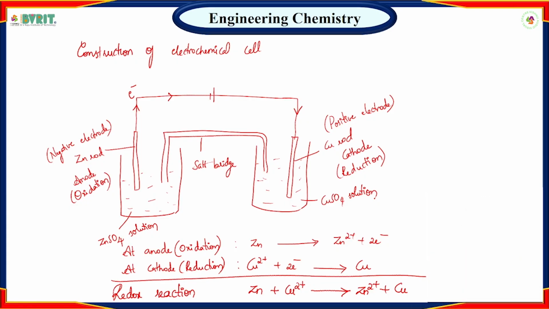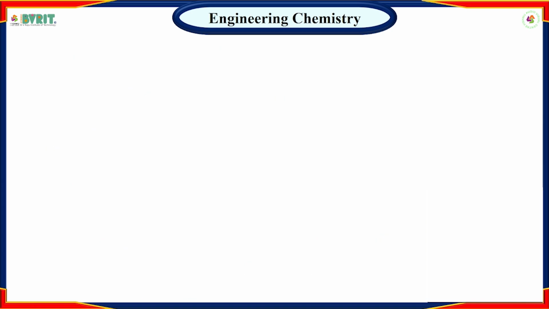So this is the overall net reaction. Now we can have a representation of a galvanic cell. Whatever we have done in the construction, the anode half cell is to be written on the left side.